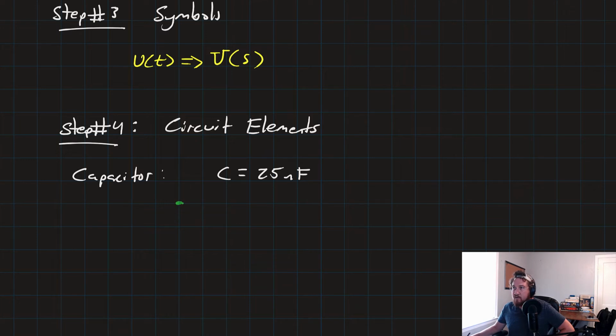We're going to use the version with the capacitor in parallel with a current source. Now remember here, the value of the current source is going to be C times V naught, and the impedance of the capacitor is always 1 over SC.